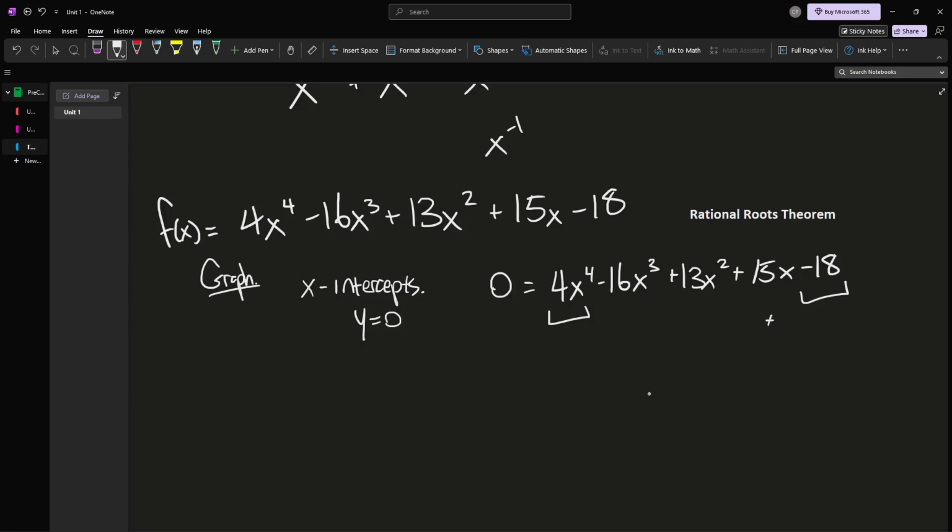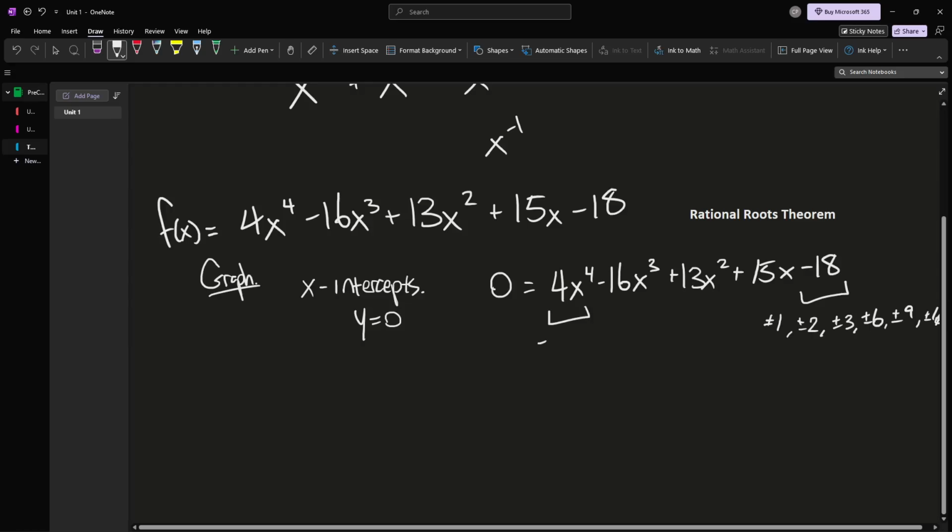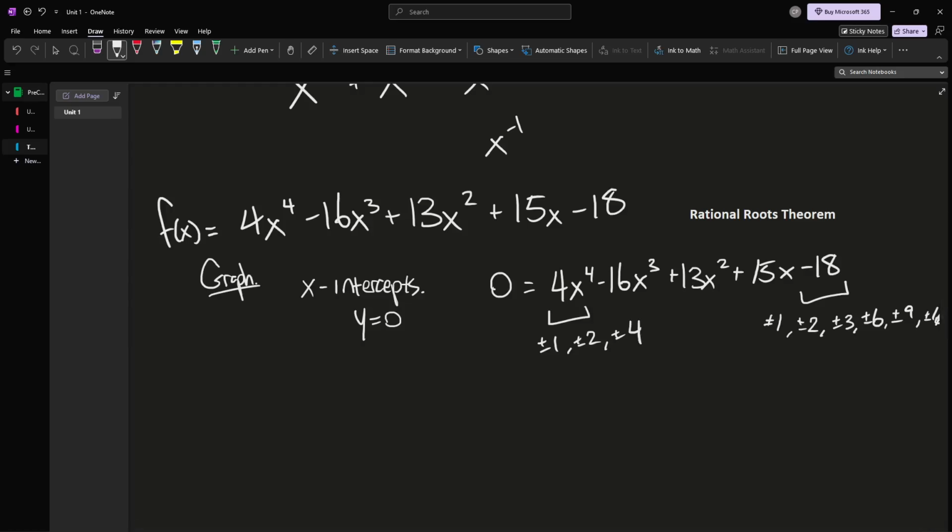So the factors for 18 are plus or minus 1, plus or minus 2, plus or minus 3, plus or minus 6, plus or minus 9, plus or minus 18. And for 4, we have plus or minus 1, plus or minus 2, plus or minus 4. You might remember listing all these out.